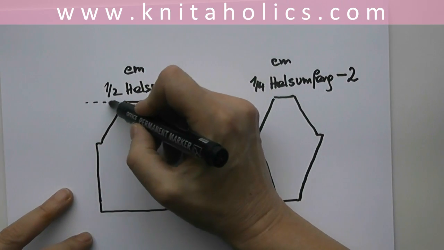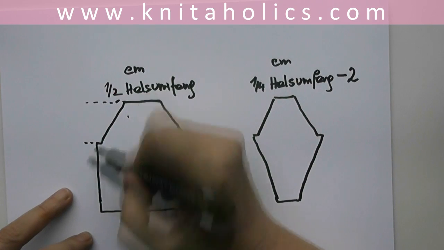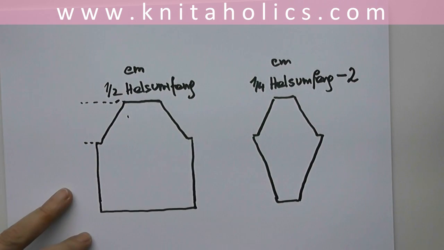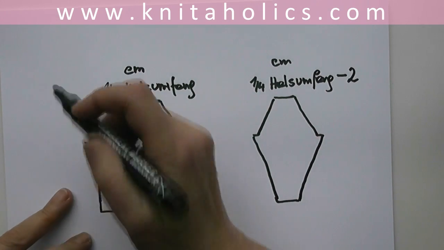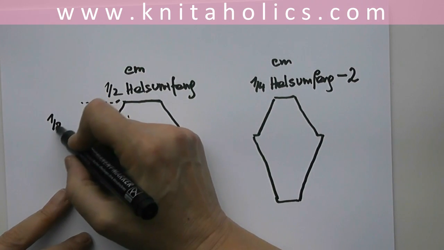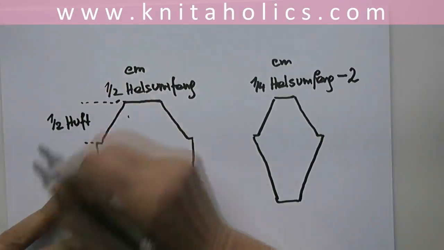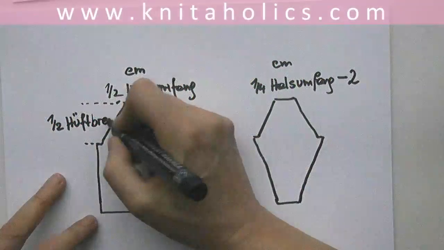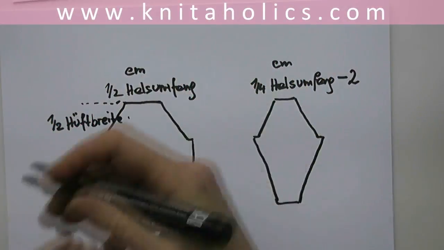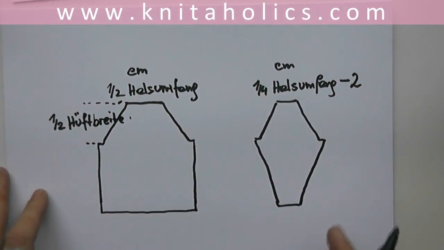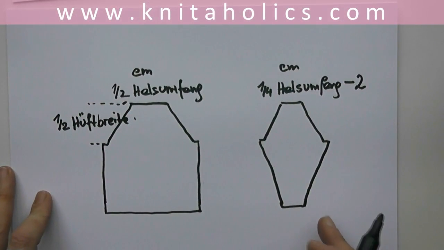An important part is the height of the Raglan part, and this is half of the hip width. Or 1/4 of the hip circumference.